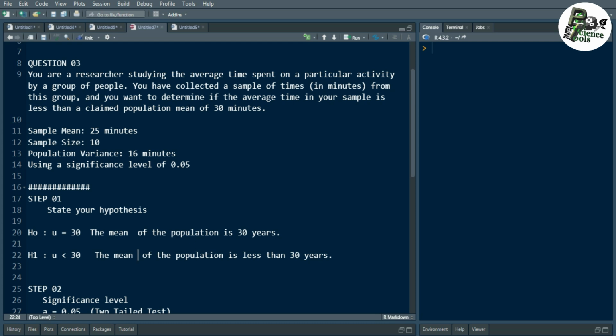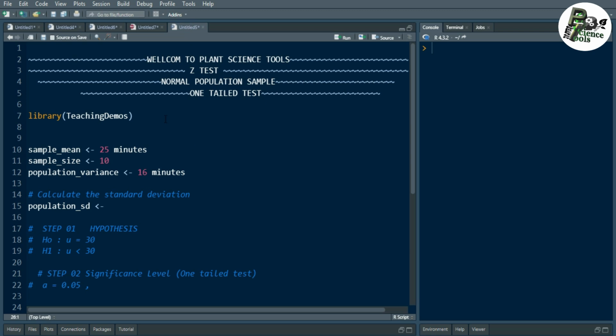Now we move to the second step, but before that we will define the given data: the sample mean is 25 minutes, the sample size is 10, and the population variance is given in this question, as I have already discussed.